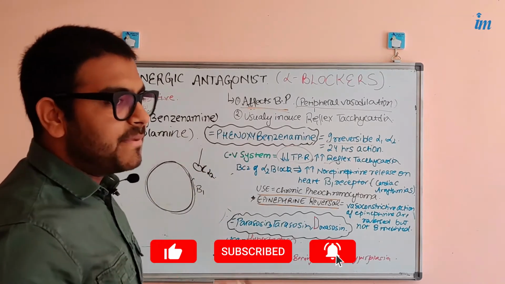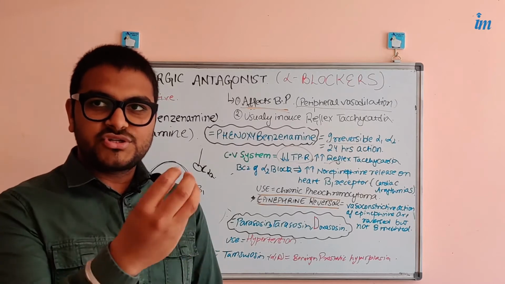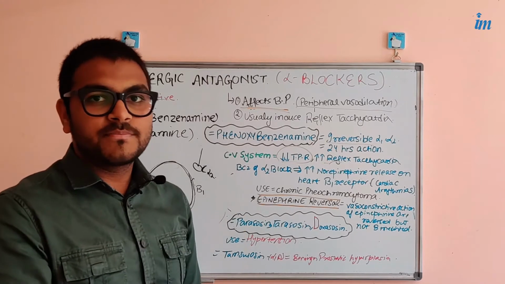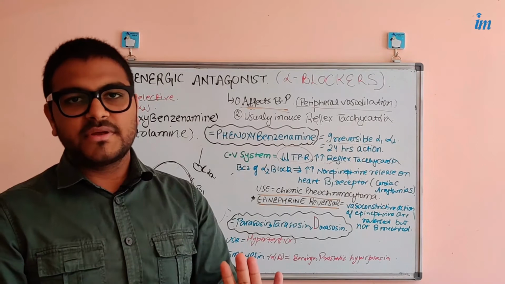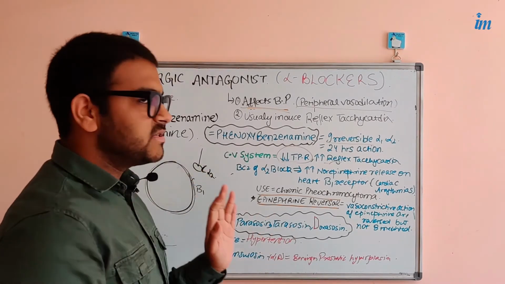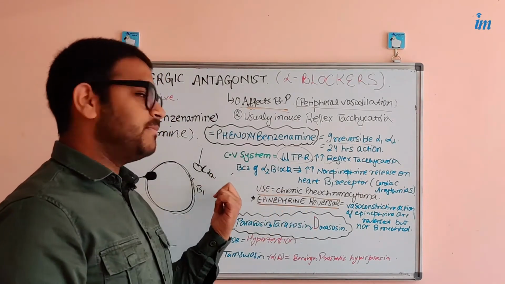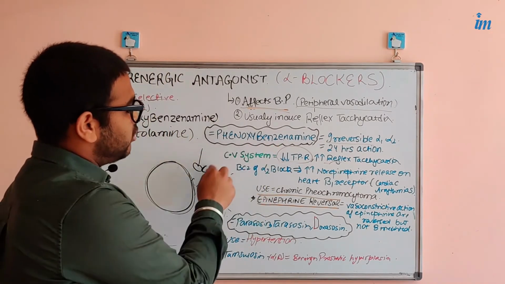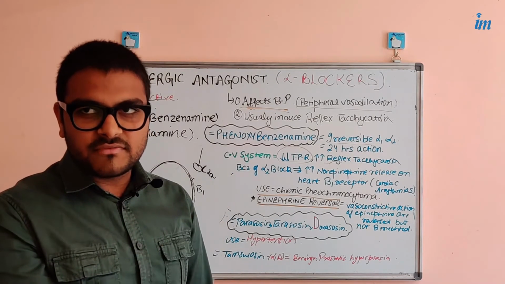Normally, when an alpha 2 agonist binds to the adrenergic nerve ending, it causes what? Reduced secretion of norepinephrine into the synaptic cleft. This is what happens physiologically if this alpha 2 receptor is normally functioning, or an alpha 2 agonist is acting on the receptor. Now what we have done, we have phenoxybenzamine that can block the alpha 2 receptor. If the alpha 2 receptor is blocked on the adrenergic nerve ending, what will happen?